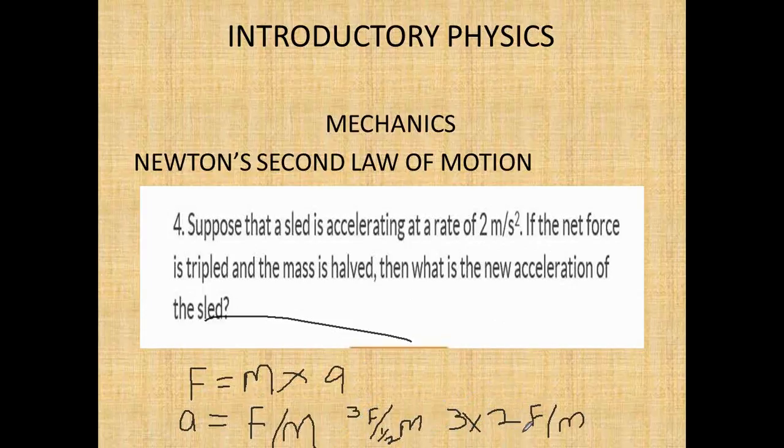You're going to get an increase of 6 times. 3 divided by a half is 6. So 6 times 2 is 12. Your new acceleration is 12 meters per second squared.